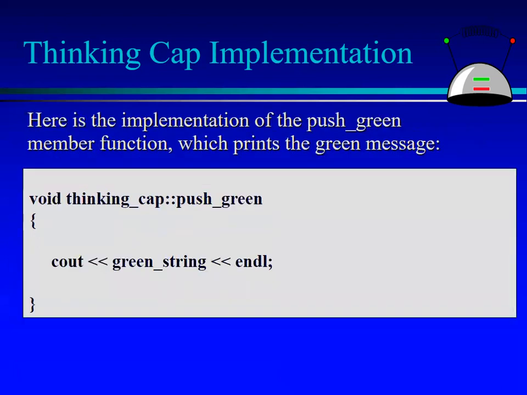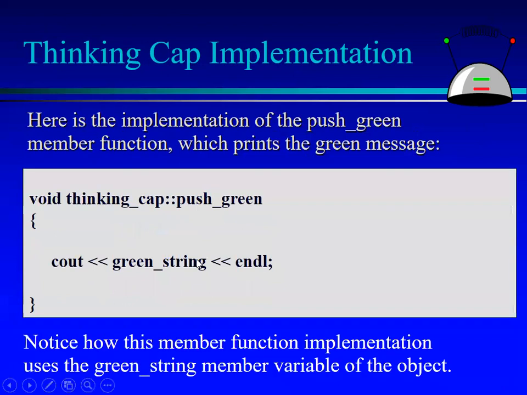Here is the implementation of the push green member function. Basically this is the message which we are printing, green string. Nothing else. And here the quoting is missing, so just consider that. Notice how this member function implementation uses the green string member. It is the variable whose value will be printed.